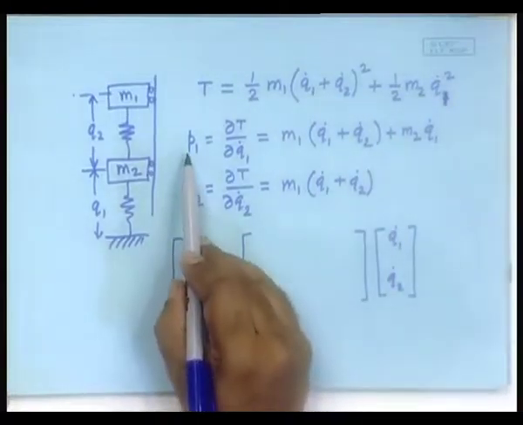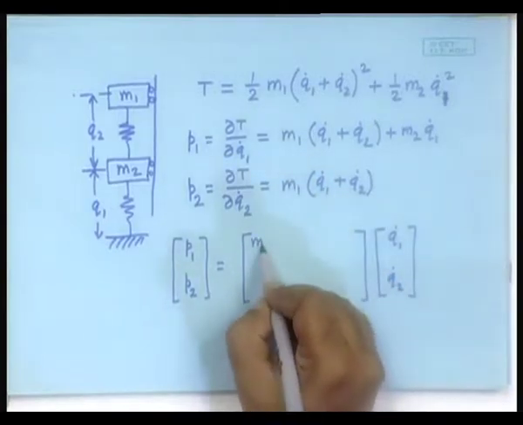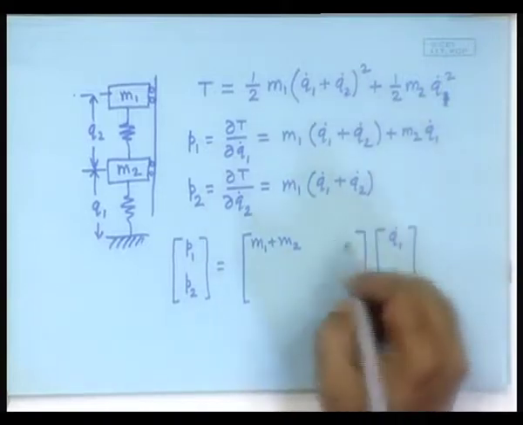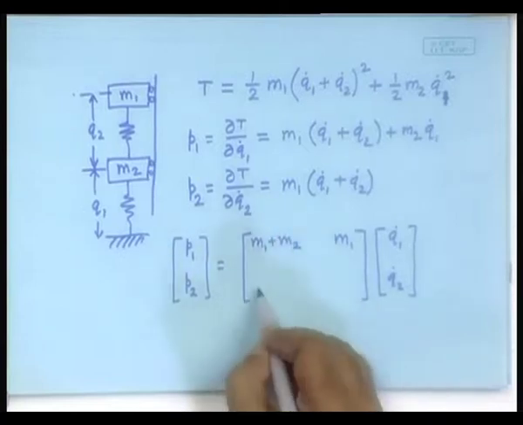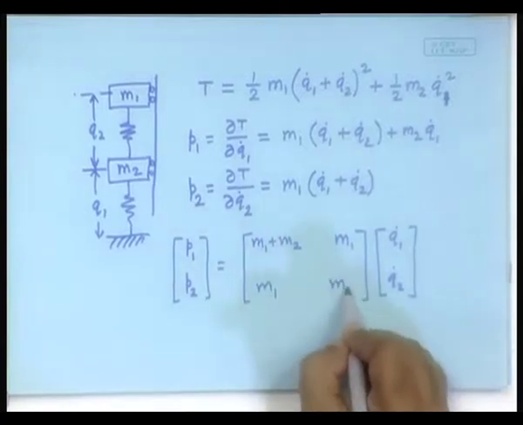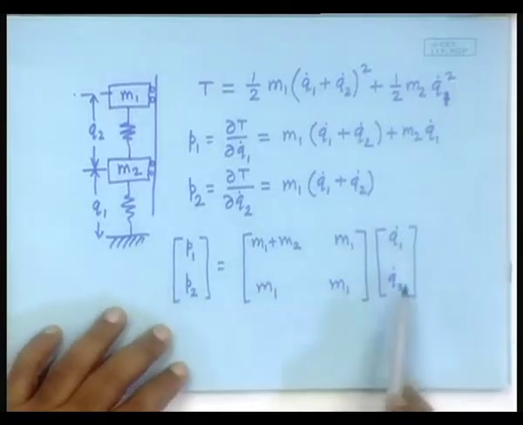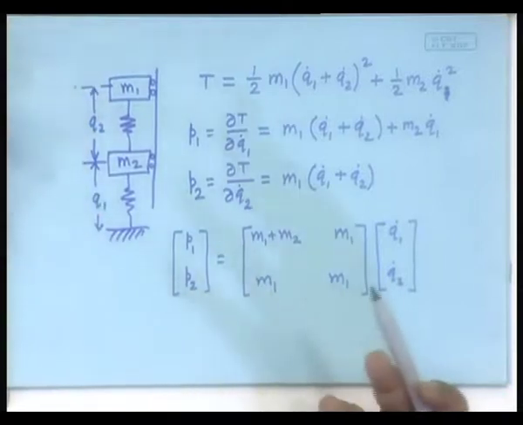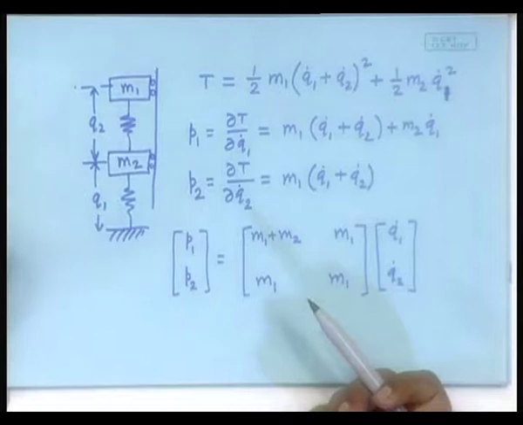P1: M1 plus M2, M1. Fine. So, this is after all related by a matrix equation, and therefore, in order to represent this you would similarly need a 2 port I element, an I field, right.